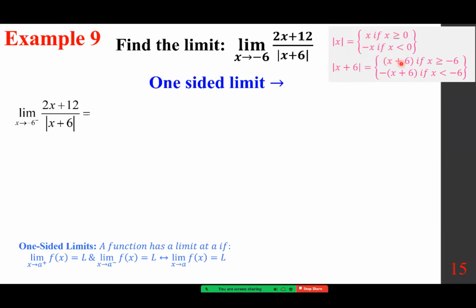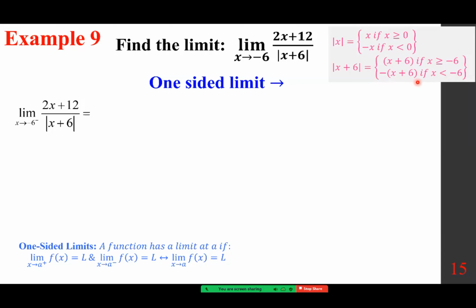So x plus 6 is greater than or equal to 0, or x is larger than or equal to -6. Minus x plus 6 if x plus 6 is less than 0, or x is less than -6. So if it's greater than or equal to negative 6, we just drop the absolute value.